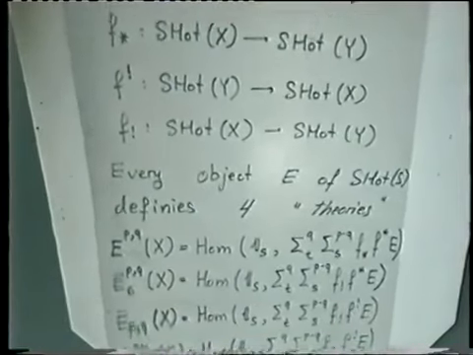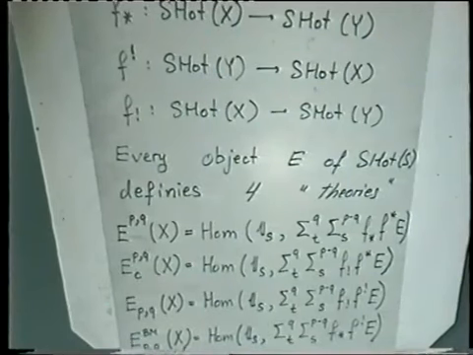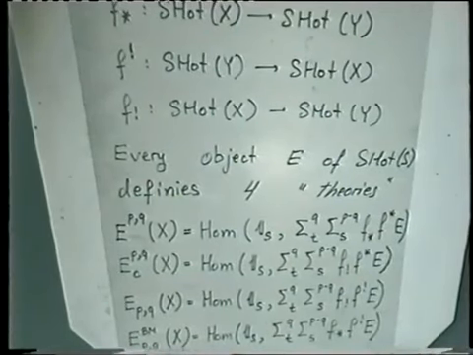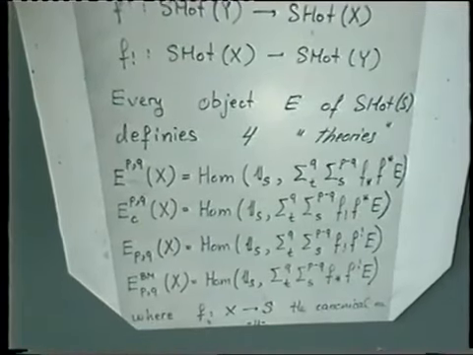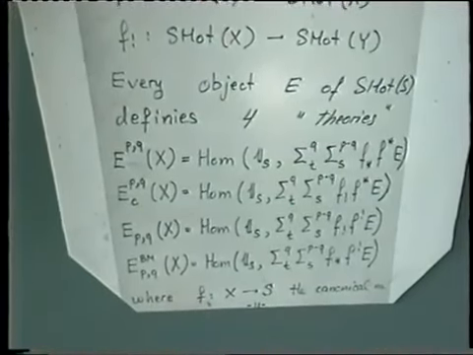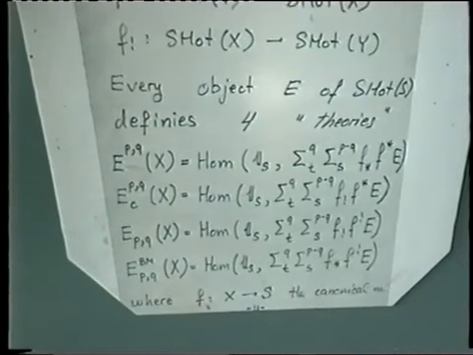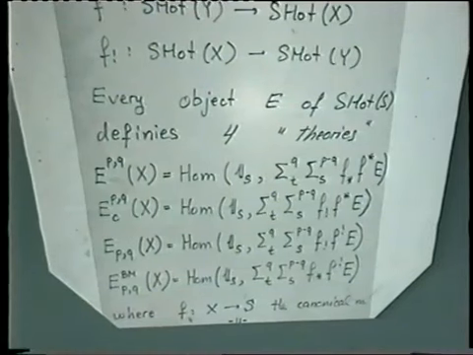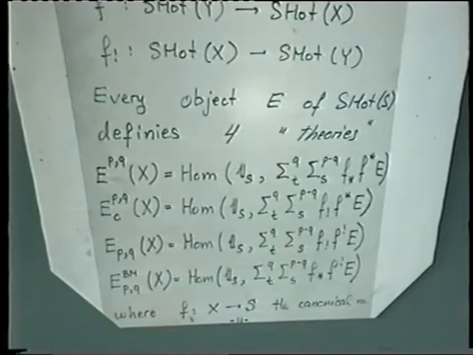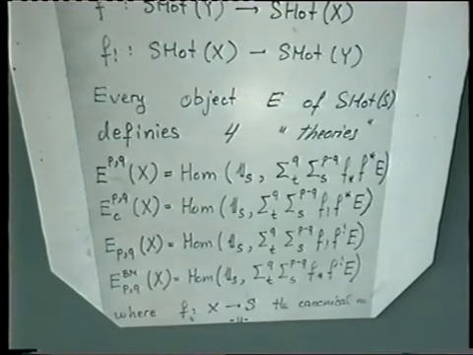Using these 4 functors and the 2 autoequivalences, we can associate to any object of the category sitting over the base 4 theories, which are obtained using these formulas.